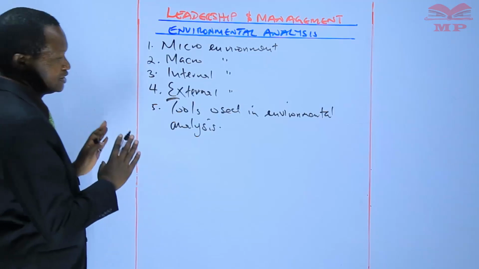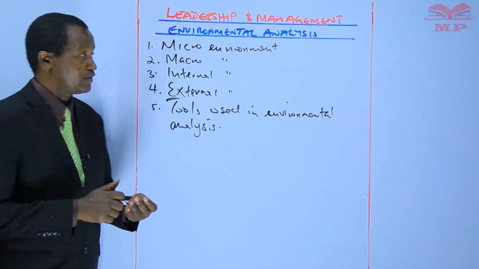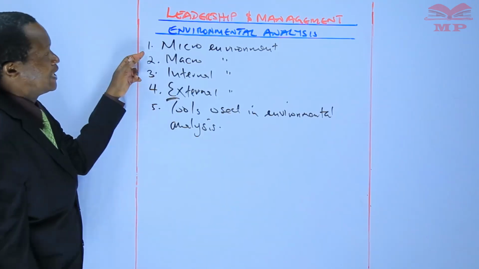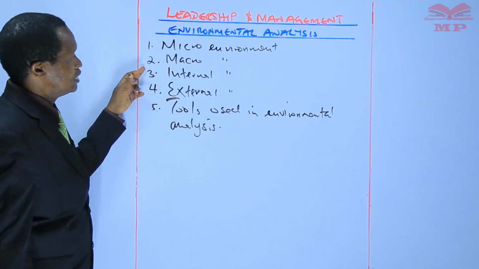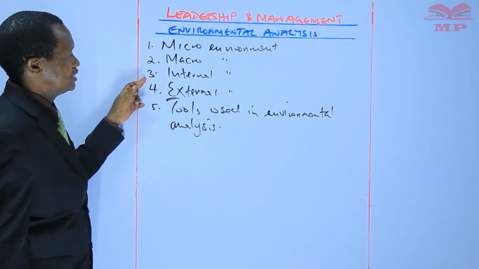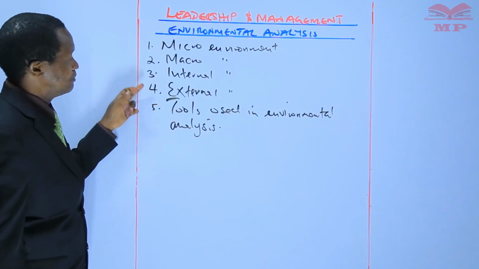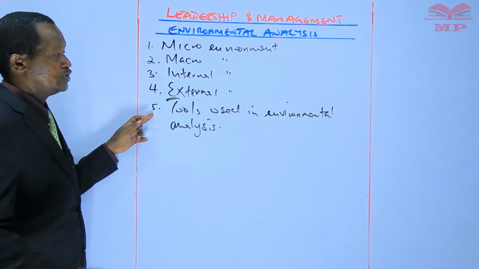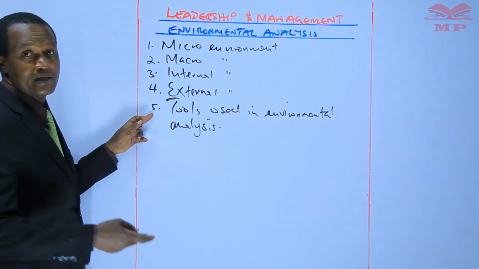These are the areas that you should expect to cover under the topic environmental analysis. 1, microenvironment. Number 2, macro environment. Number 3, internal environment. Number 4, external environment. Then lastly, tools used in environmental analysis.